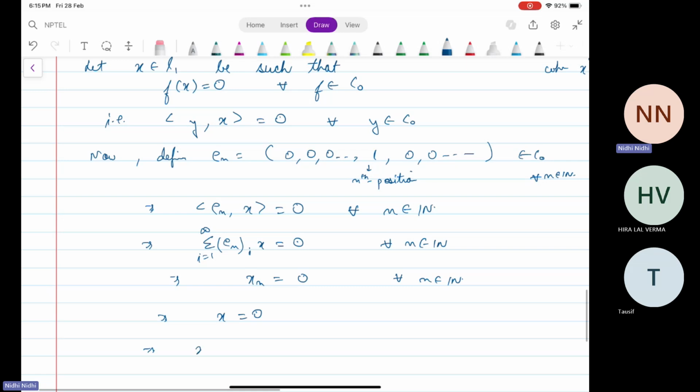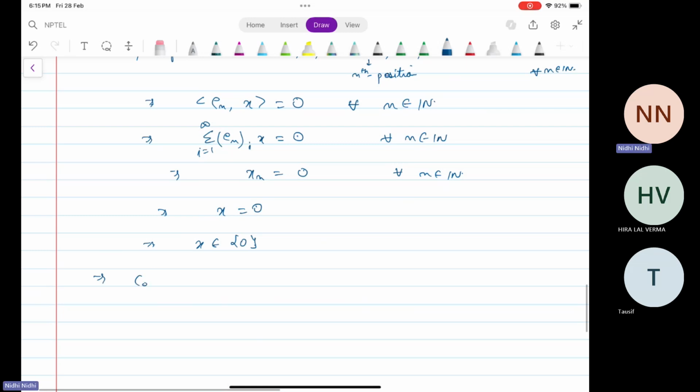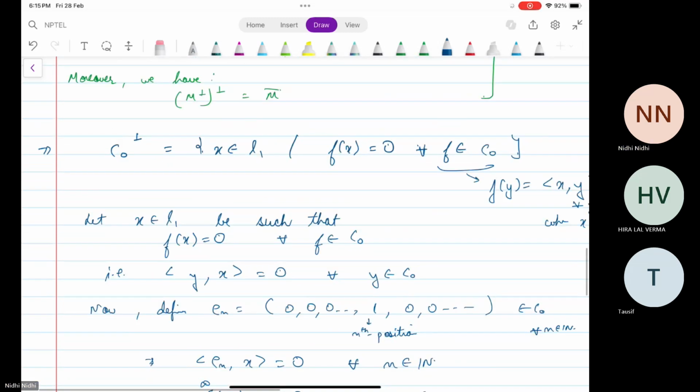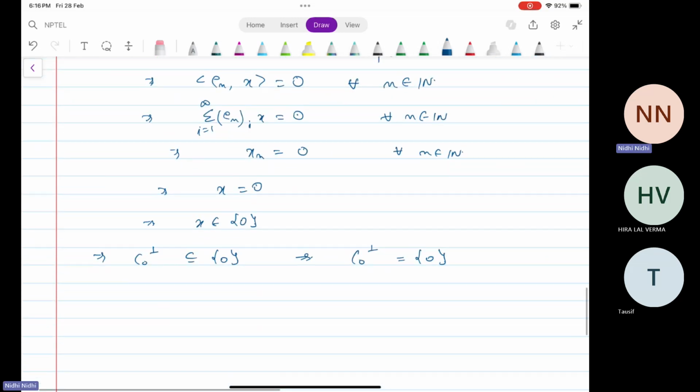This implies x belongs to singleton 0. So this gives us C naught perp is a subset of singleton 0. In fact, since 0 is an element of C naught perp, that means C naught perp is singleton 0. And this is a subset of V. So in our case, V is L1.